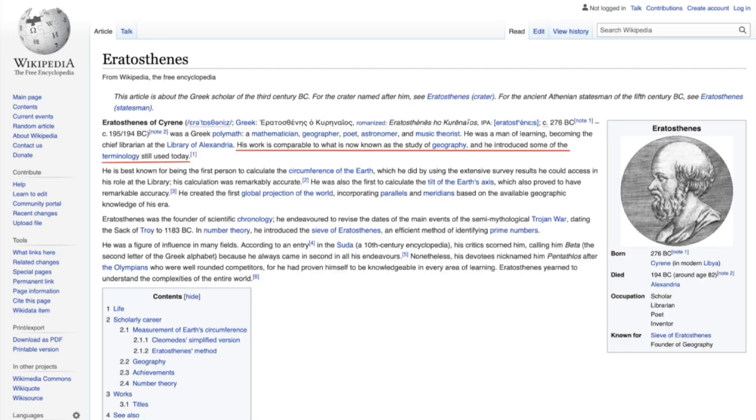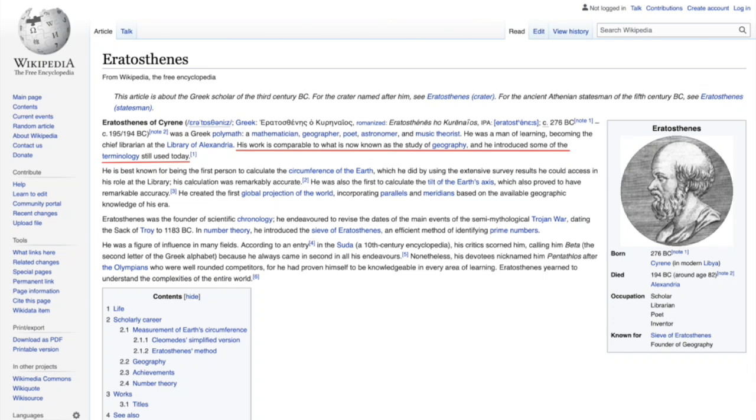So what was the bad assumption? Well, 2,000 plus years ago, there was a fellow by the name of Eratosthenes of Cyrene. Wikipedia has something very interesting on him. Besides how you pronounce and spell his name there, it says he was a Greek polymath, a mathematician, geographer, poet, astronomer, and music theorist.